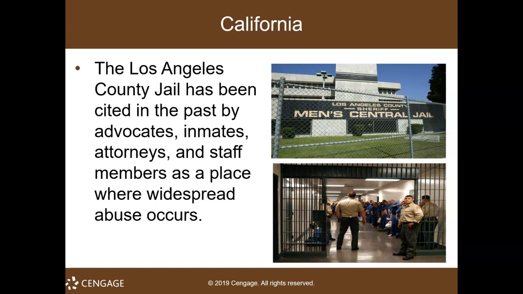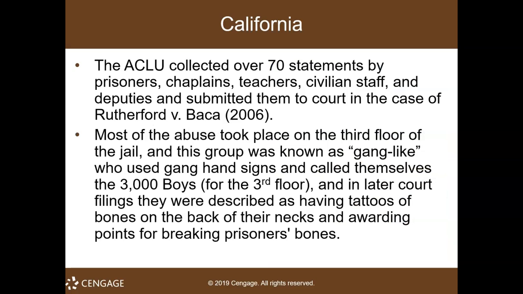Now, the Los Angeles County Jail has been cited in the past by advocates, inmates, attorneys, etc., and even staff members as a place where widespread abuse has been known to occur. And the ACLU collected over 70 statements by prisoners, chaplains, teachers, civilian staff, and even deputies, and submitted them to the court in the case of Rutherford versus Baca back in 2006.